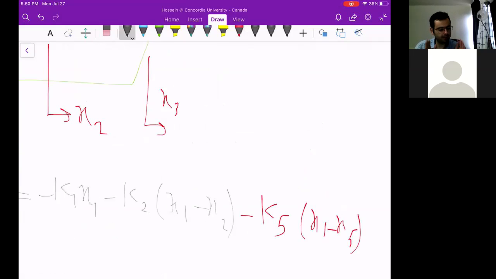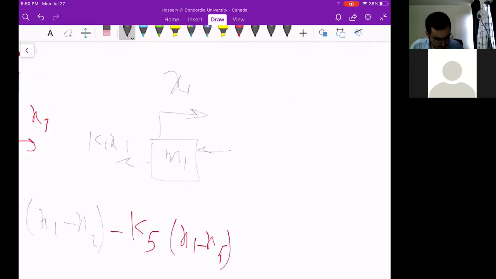For each mass, it is better to draw a free body diagram: K1 X1, K2 (X1 - X2), K3 (X1 - X3).